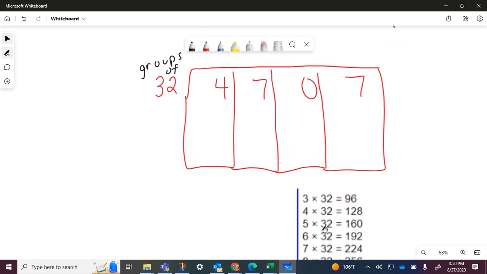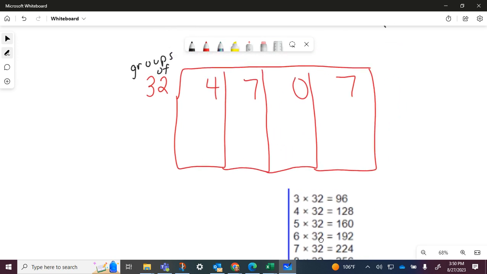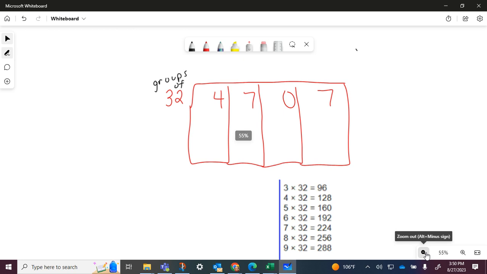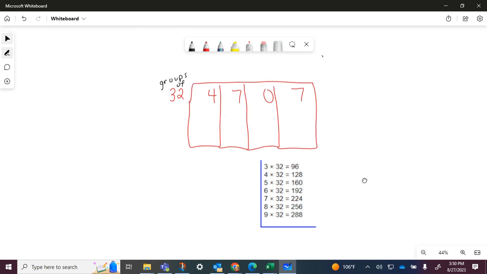All right, so groups of 32. So again, our steps are to divide, multiply, subtract, bring up.